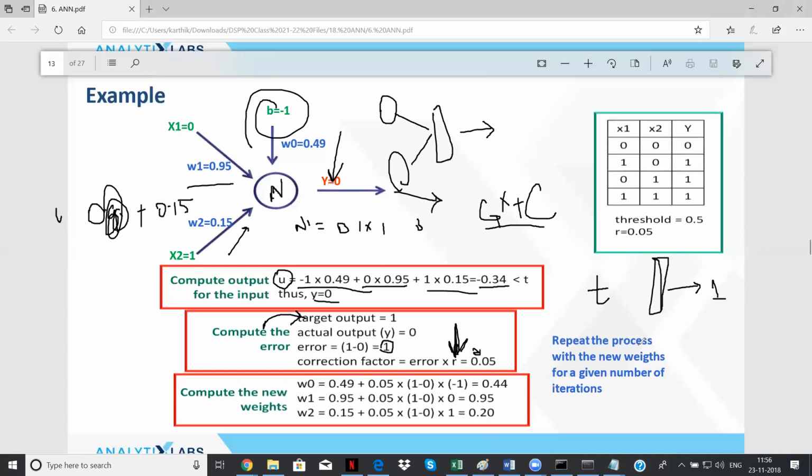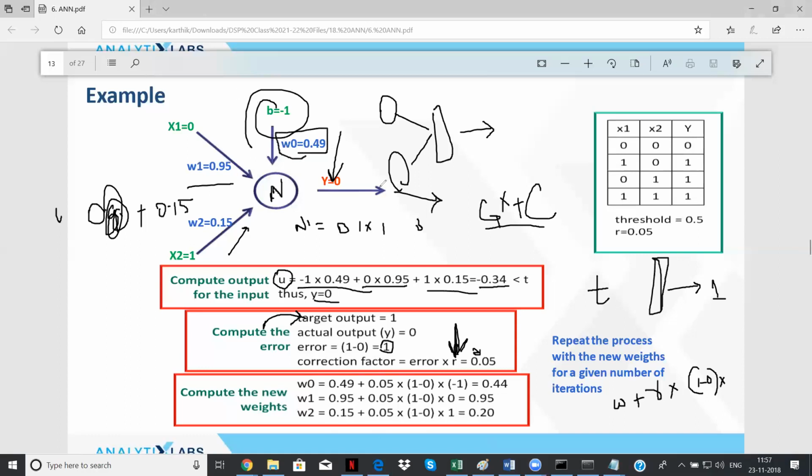So finally, what will be your new weights? Your new weight is the original weight W plus R, your learning rate, multiplied by error, multiplied by X. Yes, right? So your W0 would be 0.49. Your weight 0, okay, this is one of your X variables as well.